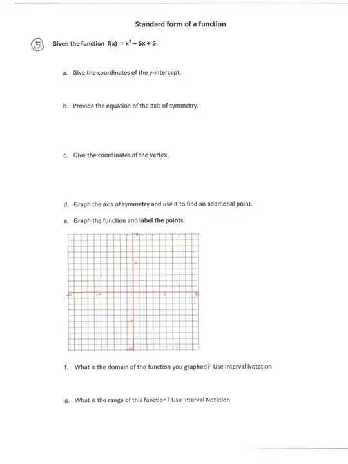So here's our equation. f of x equals x squared minus 6x plus 5. It's going to ask us to find all those same things that they gave us before. We have to calculate them. So our first move is to tell me what a is, what b is, and what c is, because we're going to need those. a is the coefficient in front of the x squared, 1. b is -6, and c is 5.